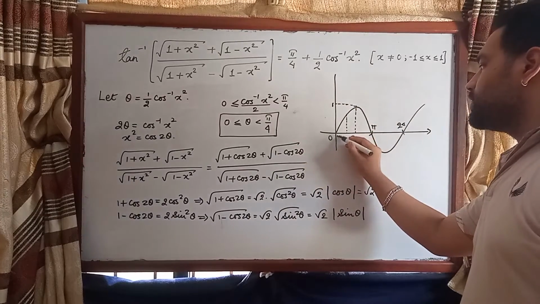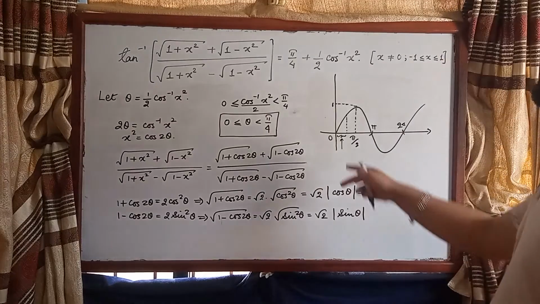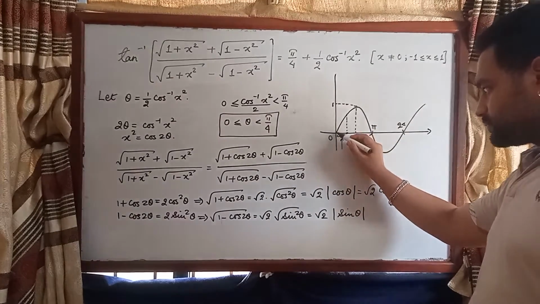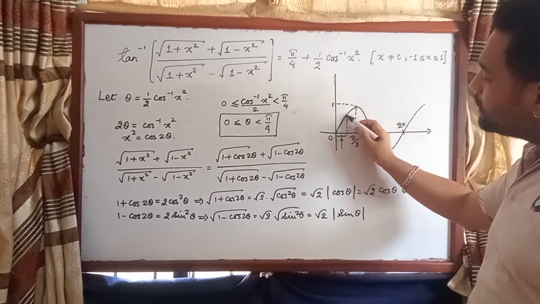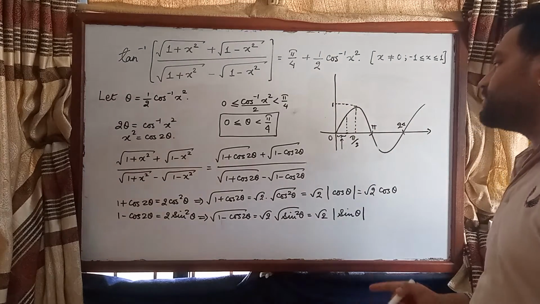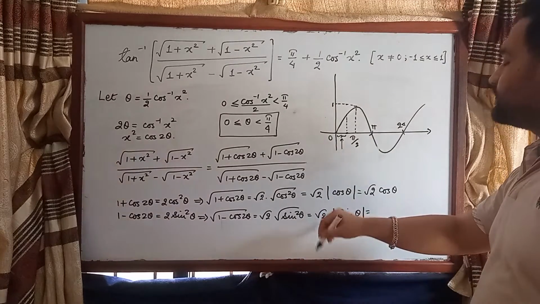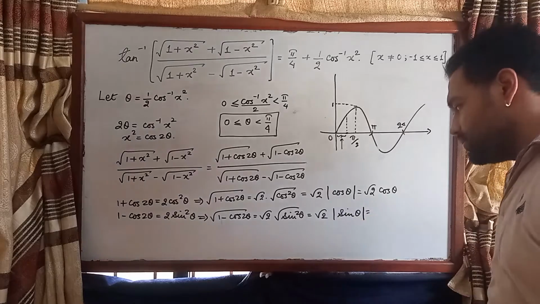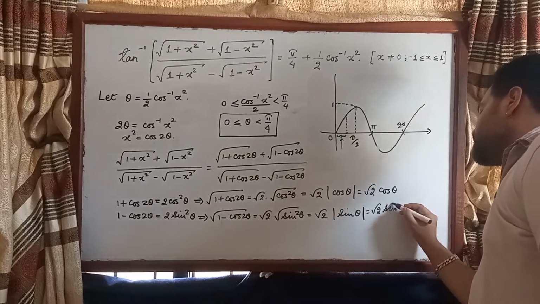For these values of theta, since theta is between these two values, the value of sine theta will also be positive, or at least non-negative. So we can omit the absolute value signs. So this is square root of 2 sine theta.